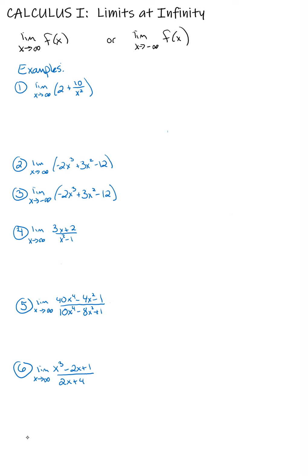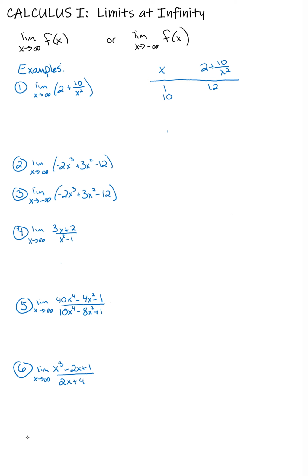Looking at this, I'm going to set up a table here. We'll choose some x values, and then we'll see what we get in our function. In this case, our function is 2 plus 10 over x squared. Let's play around with some values. If we start with 1, 2 plus 10 over 1 squared, we end up with 12.